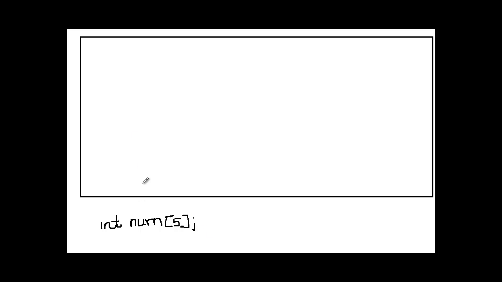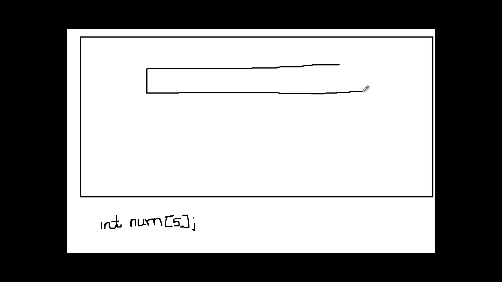In this case, this will tell the compiler to reserve 5 contiguous blocks in memory, 5 contiguous blocks: 1, 2, 3, and 4.